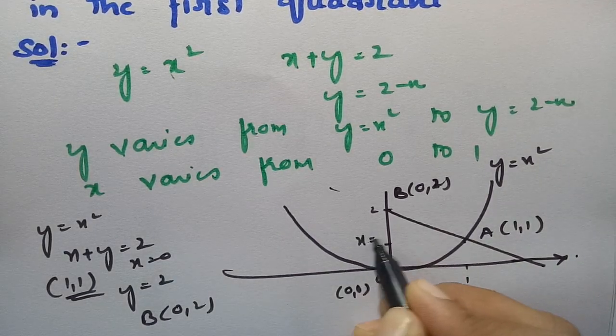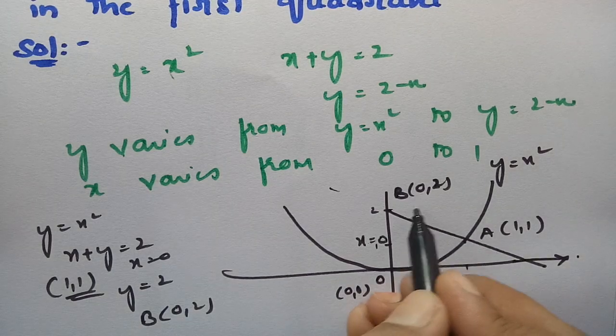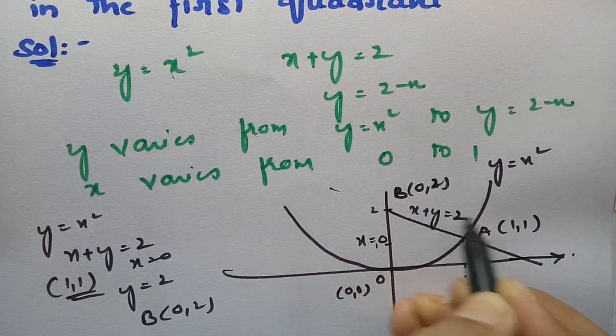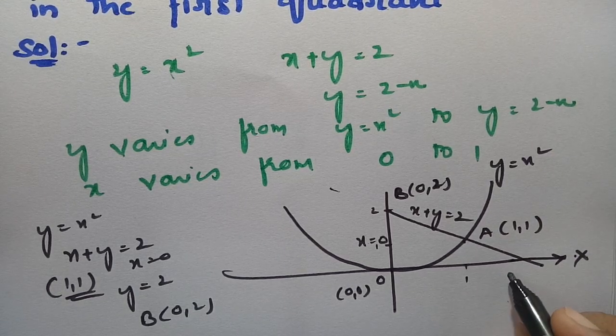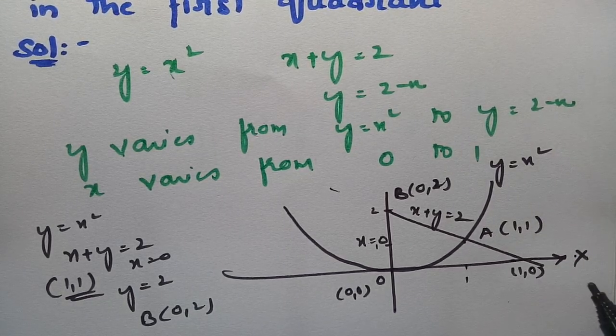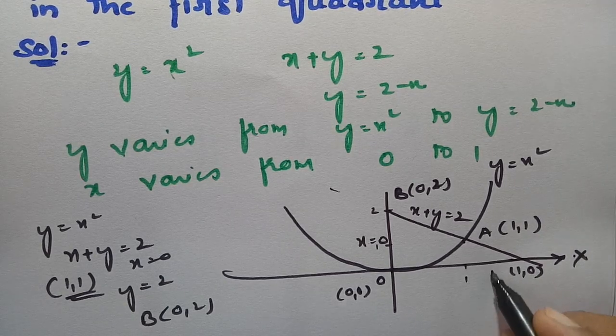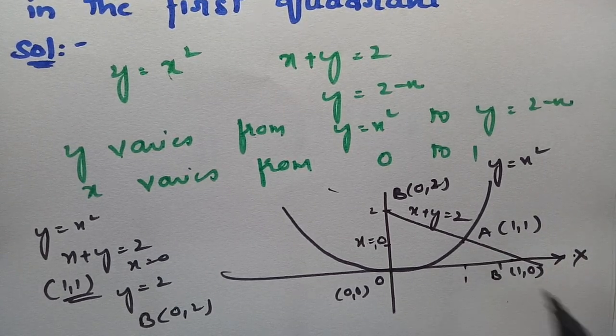This line is x is equal to 0, and this line is x plus y is equal to 2, and this is the x-axis, and this point is nothing but 1, 0. Keep some B dash like that.